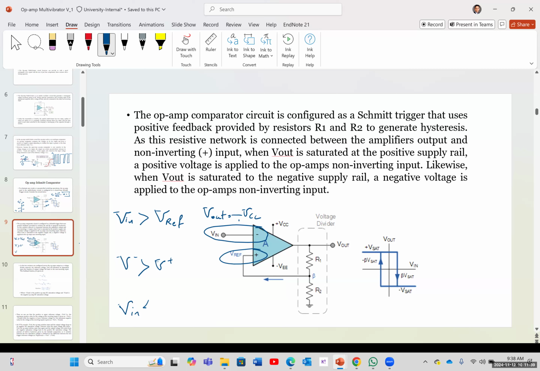When Vn is less than V reference, then V negative is less than V positive. Therefore, V out would be equal to positive VCC.